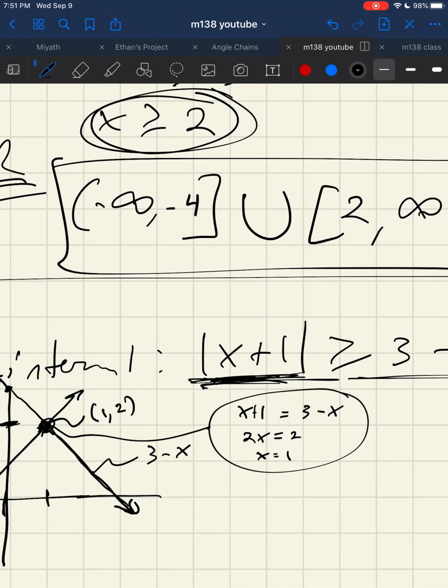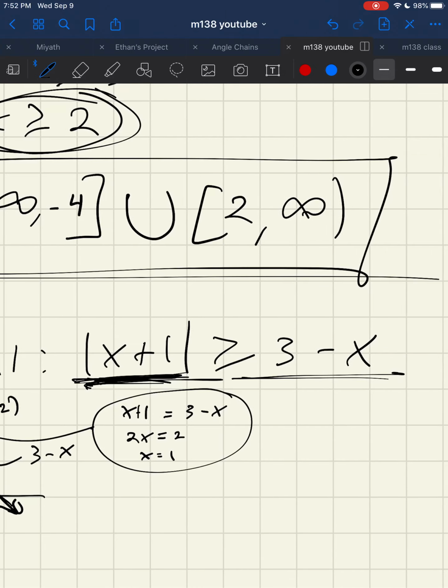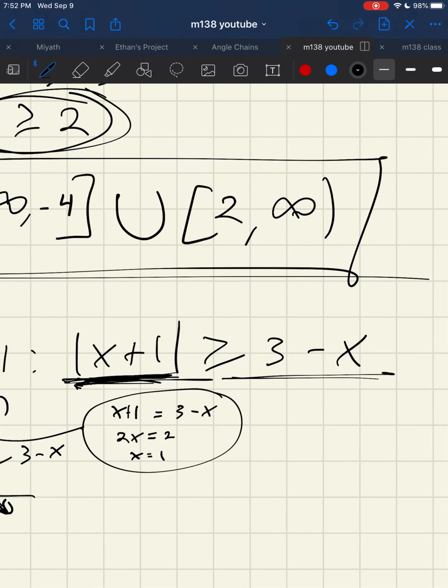Anyways, because this line is going down till infinity and this line is going up till infinity, from here on over, this side is bigger than or equal. And since it's bigger than or equal, we'll include this point of intersection. So the final answer is going to be 1 to infinity, including 1.